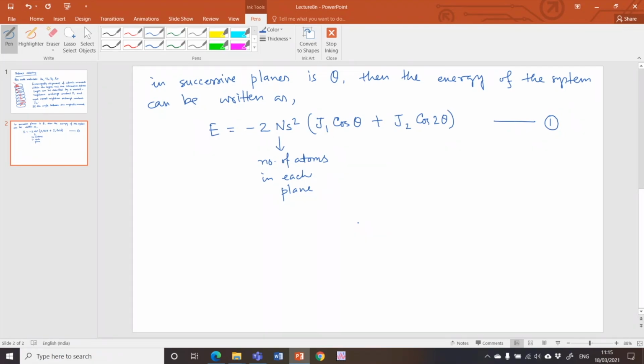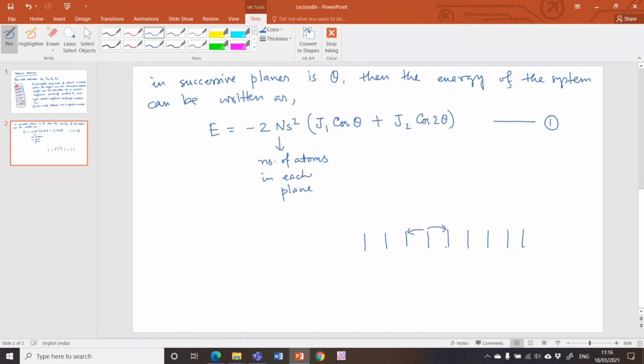Because the next nearest neighbor distance will be quite high, right? So you need to think of it like this. Let's say 1, 2, 3, 4, 5, 6. If this one has a nearest neighbor interaction, it will interact with this and with that.